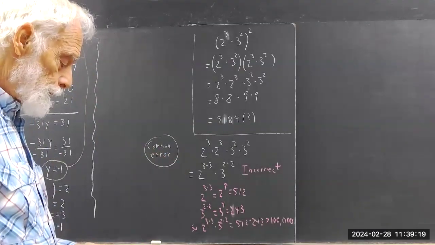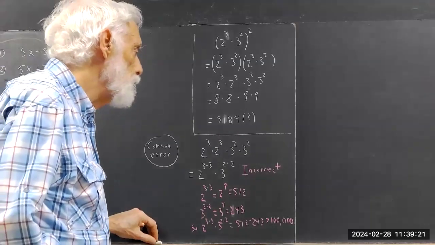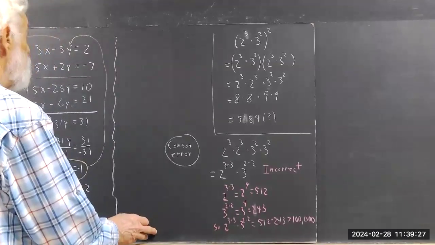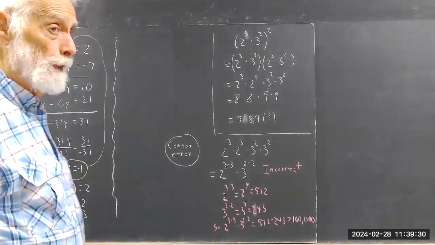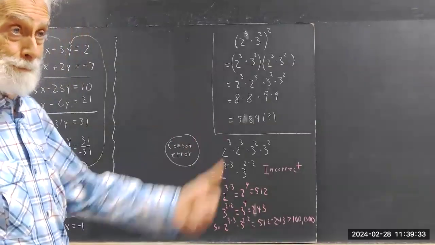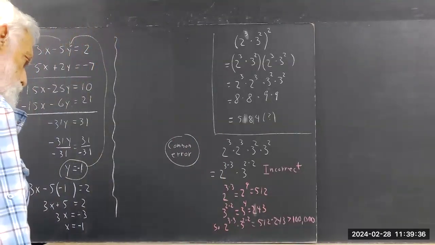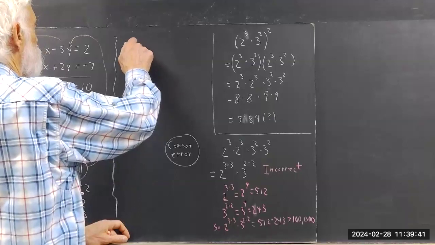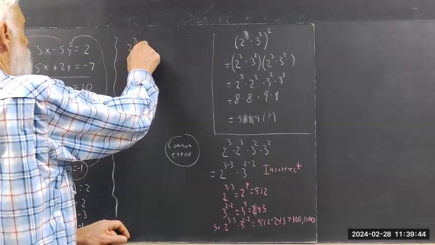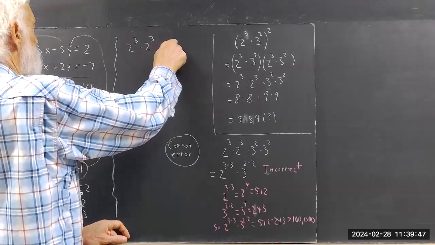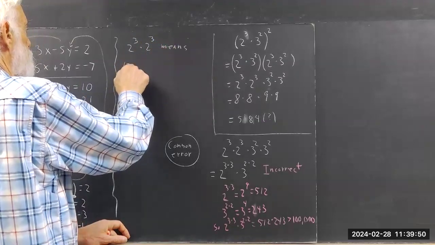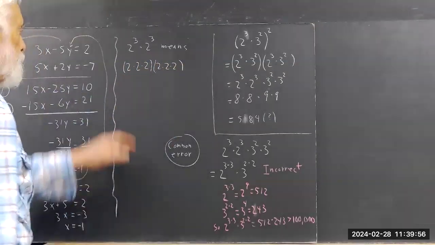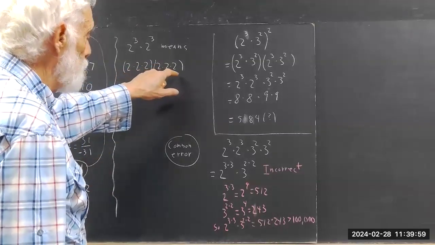So the common error here is that you don't know what the rule for exponents is. Now maybe you do, and maybe you know it perfectly well and you just accidentally write it down carelessly. Here's the rule. What's 2 to the 3 times 2 to the 3rd? It means 2 times 2 times 2 times 2 times 2 times 2.